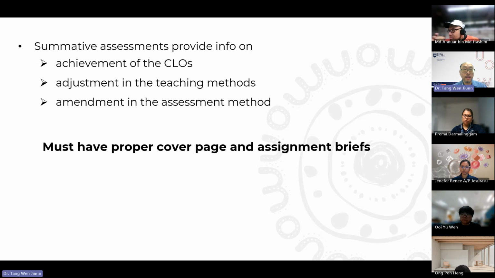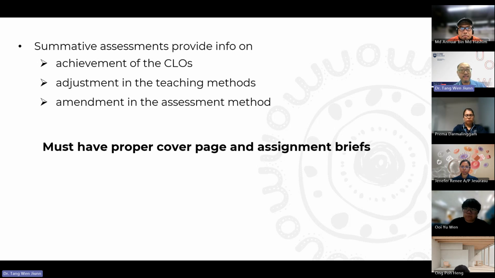When you listen to what I mentioned, the summative and formative sometimes look like they overlap. Especially when you say in summative you have practical, in formative you also have practical. That might sound the same, and the coverage might be the same as well.